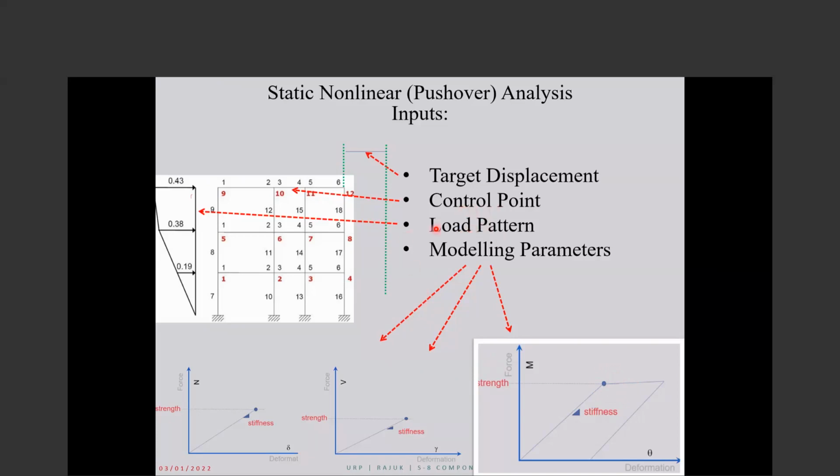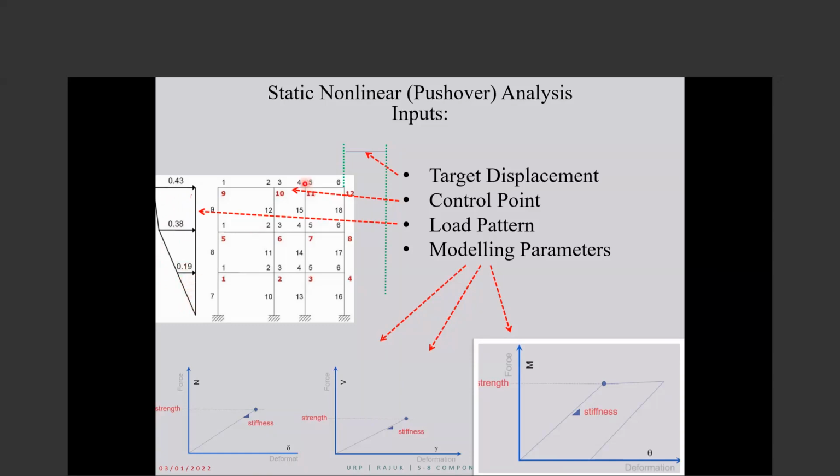So the software needs a load pattern from us, where we tell the software that when you are pushing this building toward the target displacement, step by step use this pattern. The ratio between these forces remains constant during the analysis. The values increase, but the ratio, the pattern, remains constant.